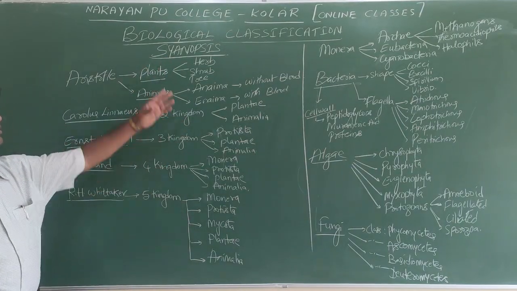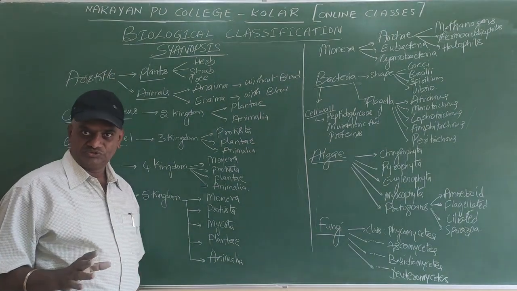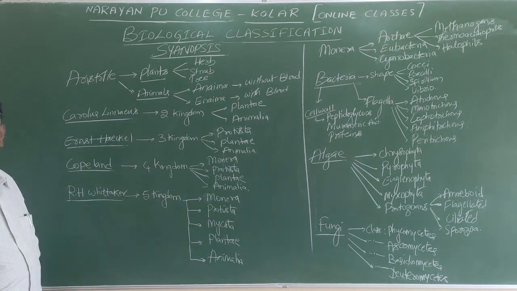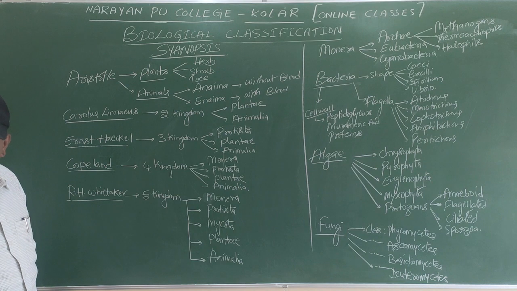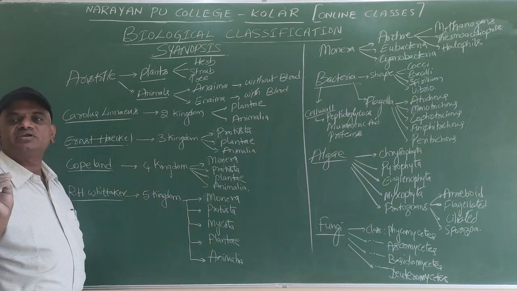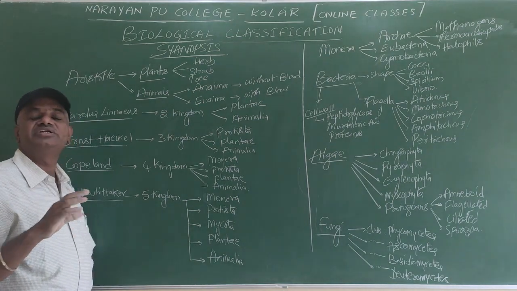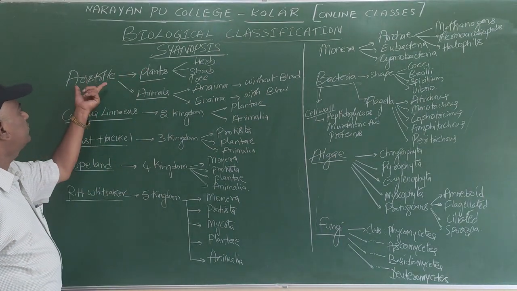We'll go for a synopsis of biological classification. First, we know that all the living organisms cannot be studied under a single heading. So we require classification to study each organism at different levels. First, we are starting with Aristotle.